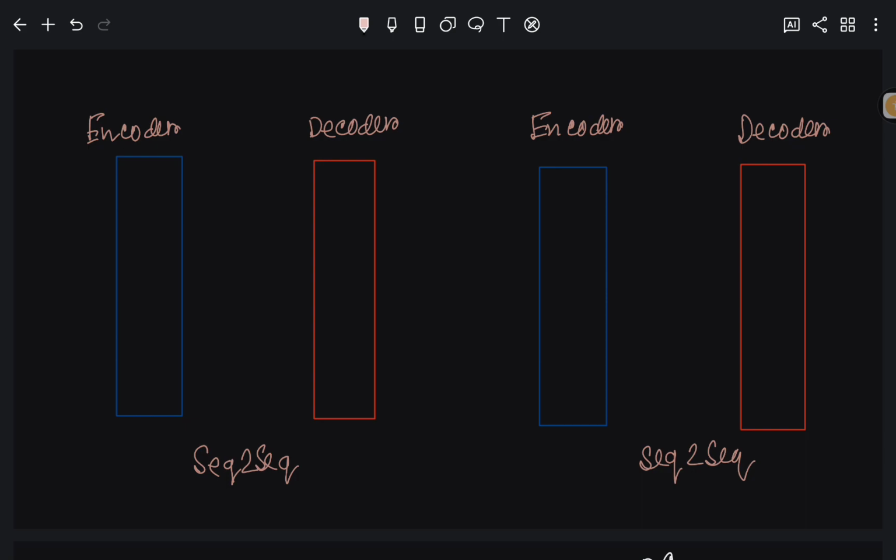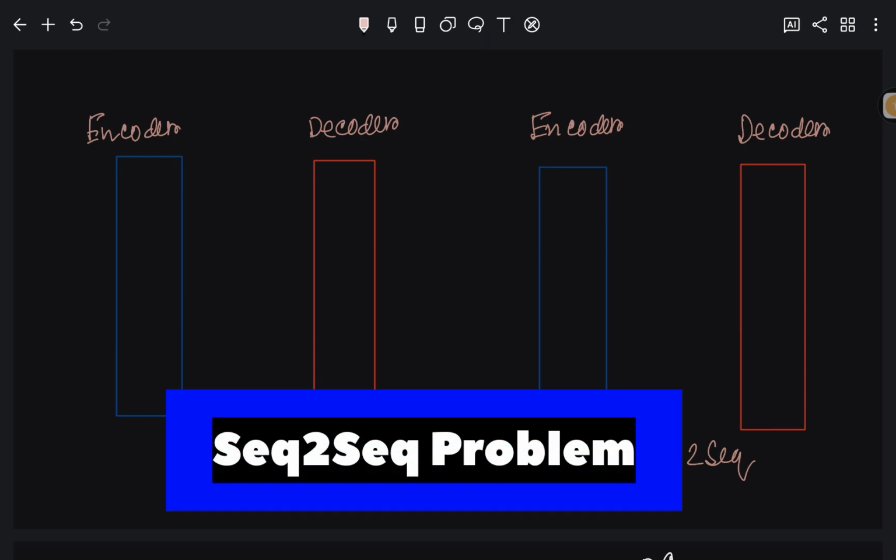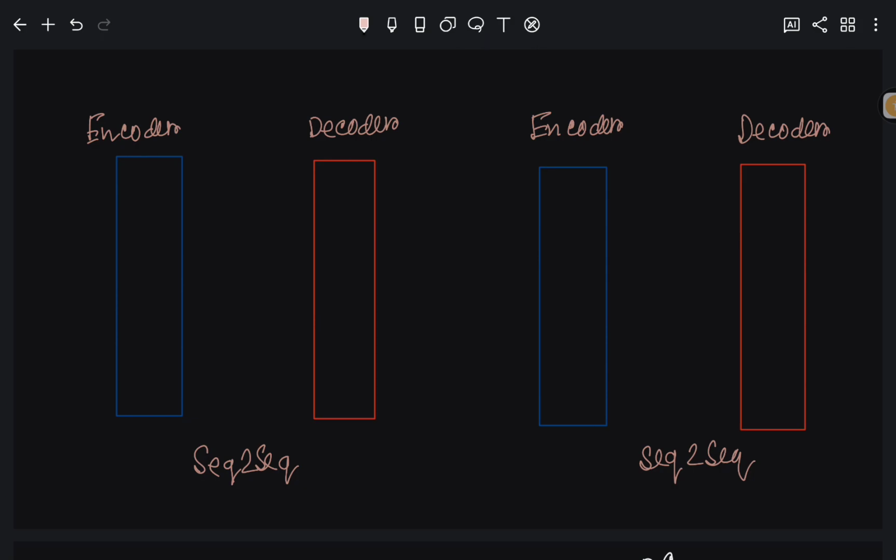So let's go back to the problem we were trying to solve in the last video: machine translation using a sequence-to-sequence model. Here we have certain inputs, and at the encoder side we get the hidden state h1, then using that we get h2, then h3, and we assume the last state was h4.